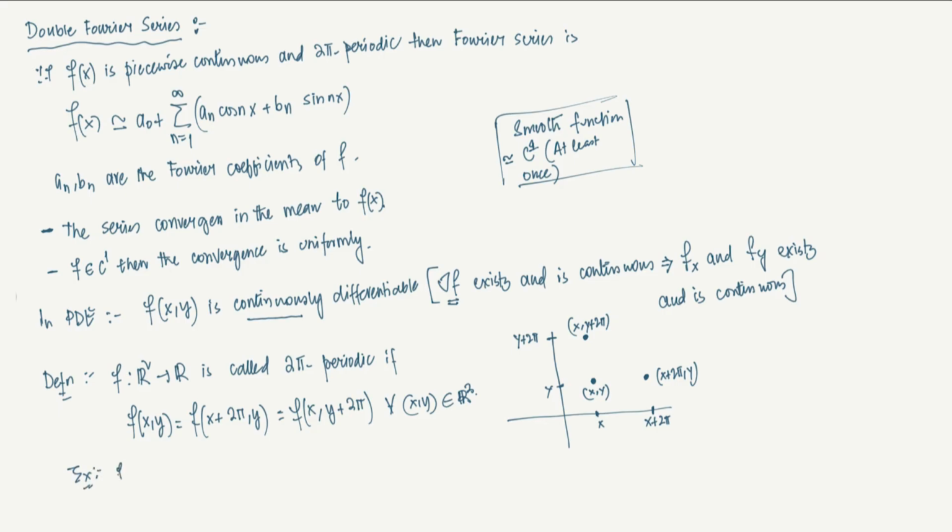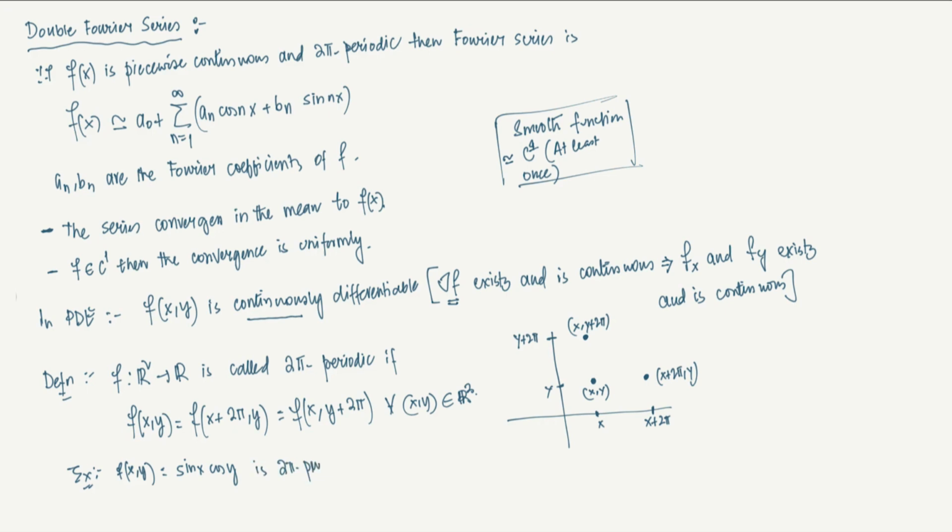As an example, it is very easy to construct one. Let's say I take the function f of x, y to be sine x cosine y, or cosine x sine y, doesn't matter. Both are periodic functions, one periodic in x, one periodic in y. It is easy to check that it is 2 pi periodic.